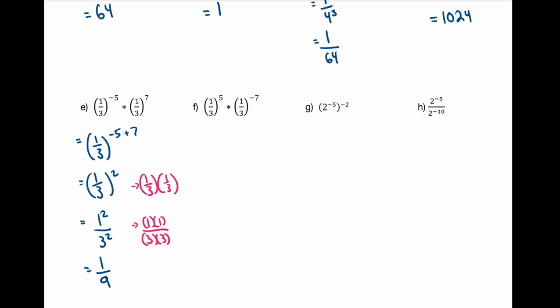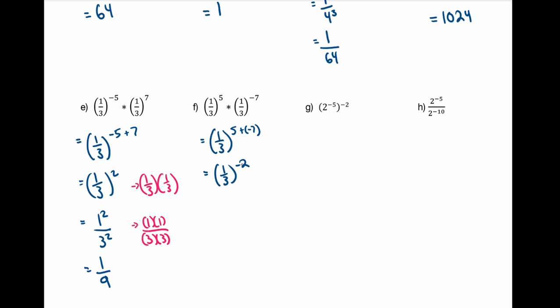F, again, same idea. I have the same base, so I'm going to keep the same base. I'm adding my exponents, so 5 plus negative 7. Again, the reason I'm adding is because I'm multiplying powers with the same base. So again, going back to the last lesson. When I add my exponents, I get 1 over 3 to the power of negative 2.